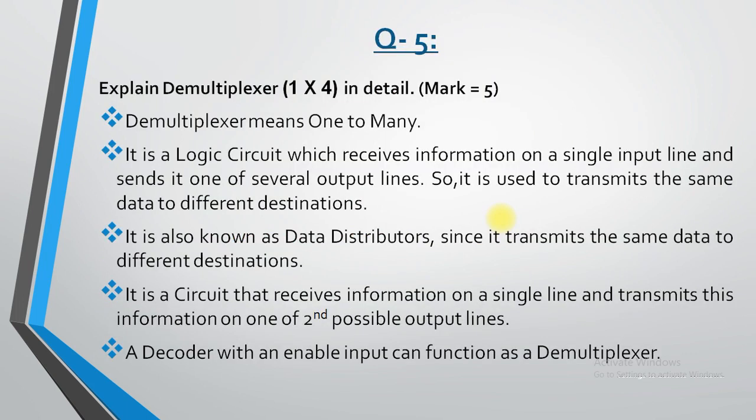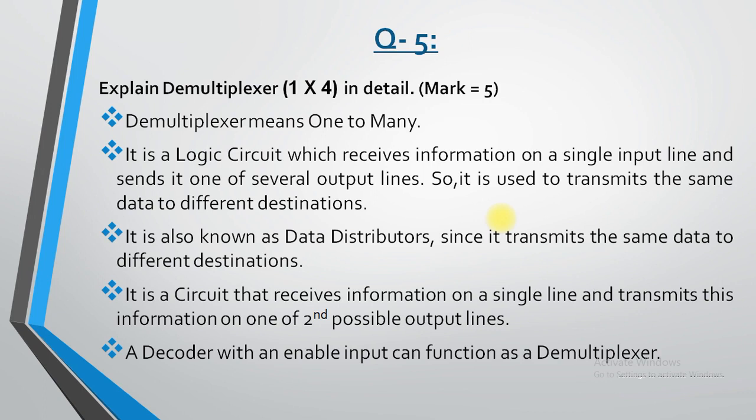Demultiplexer means one to many. Generally, it is a logical circuit in which there is a single input line which sends into several output lines. It is used to transmit the same data to various or different destinations.